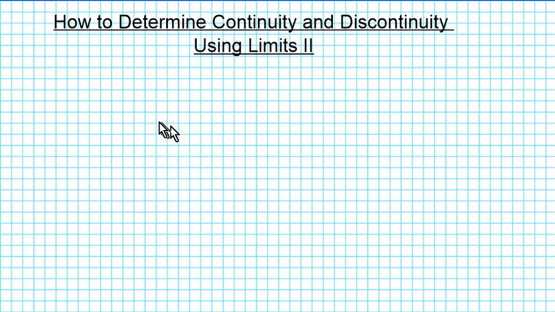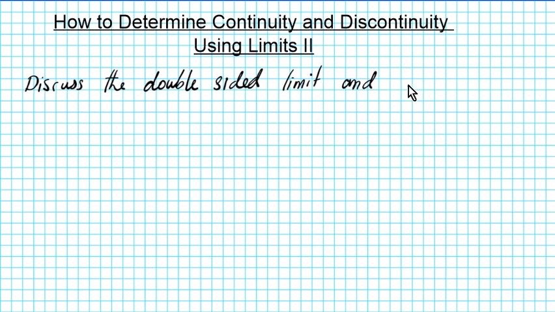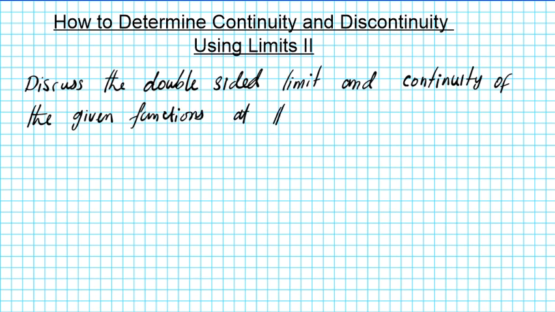Okay, so the instructions for the two examples we're going to be doing are for us to discuss the double-sided limit and continuity of the given functions at the specified x values.